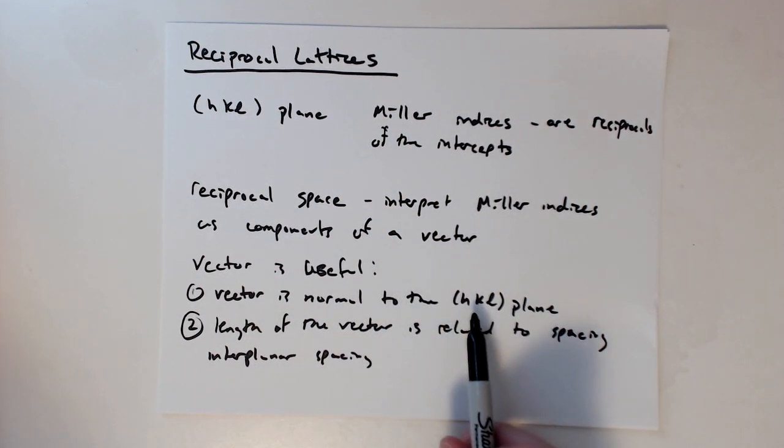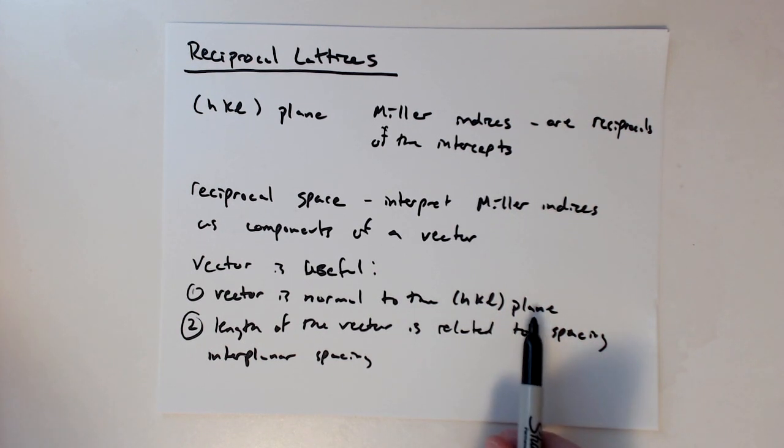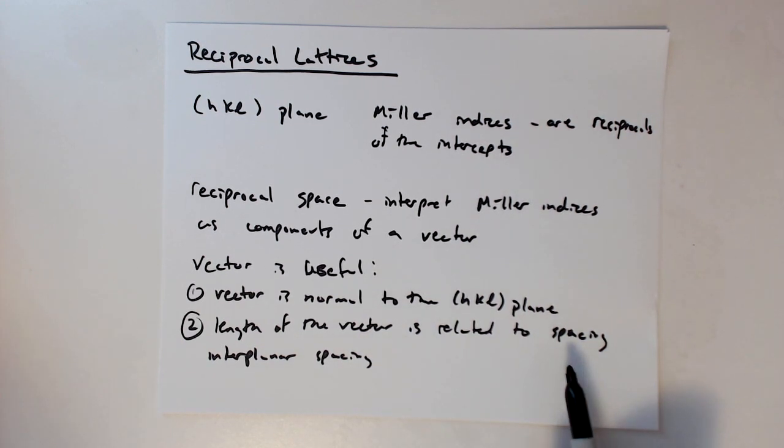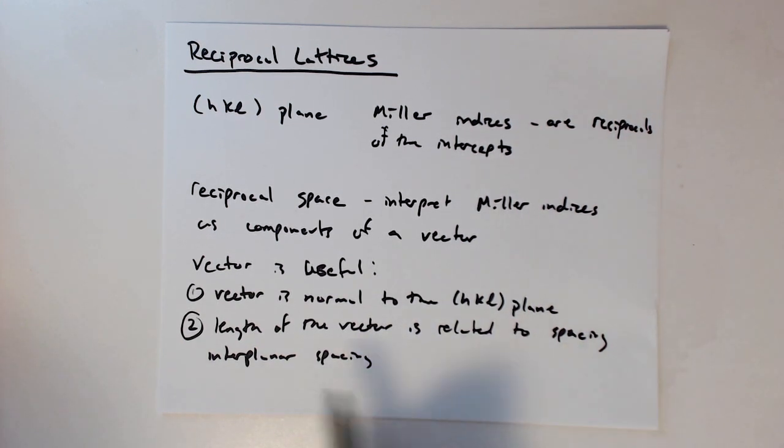The vector is going to be normal to the plane in real space, and secondly, the length of that vector is related to the spacing of planes, the interplanar spacing that we just talked about for planes in real space. So if we see something in the reciprocal lattice, it's telling us information about the real planes in normal space. So that's kind of the power of reciprocal space. And I'll try to give you examples as we go through of why we're doing this.